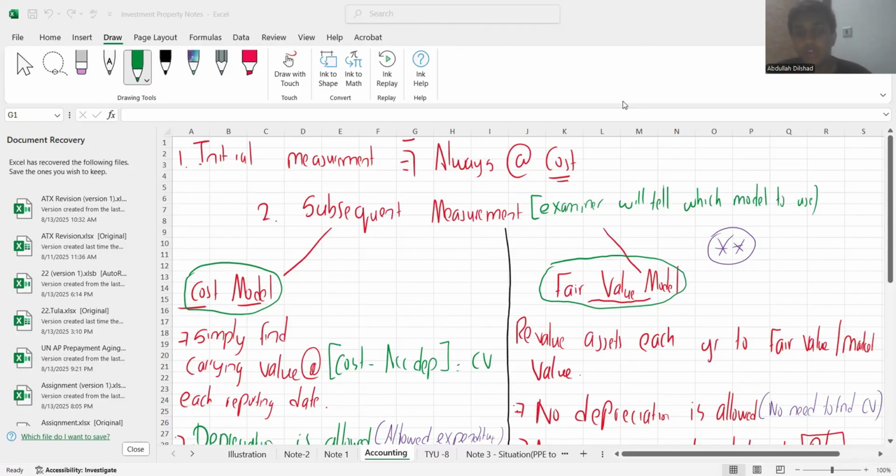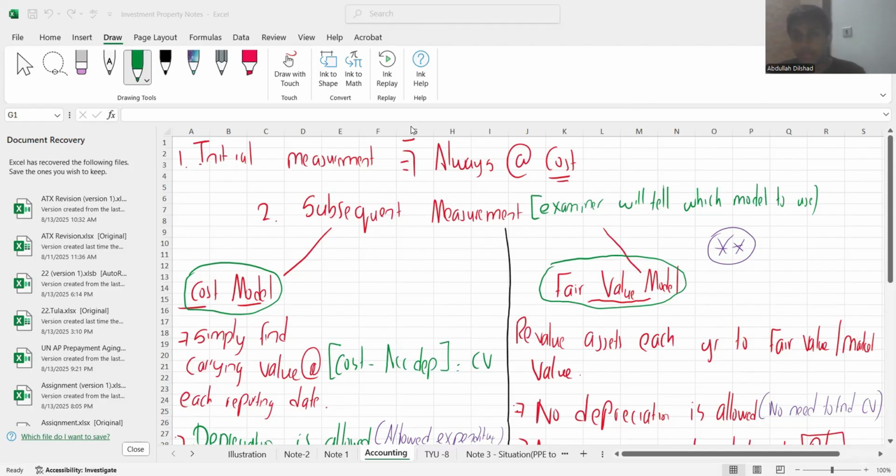Now we'll move into our final part, which is the accounting of IAS 40. You need to understand that there are two types of accounting. First, you initially measure the asset, and then you do something called subsequent measurement. This is what we learned in IAS 16 as well.